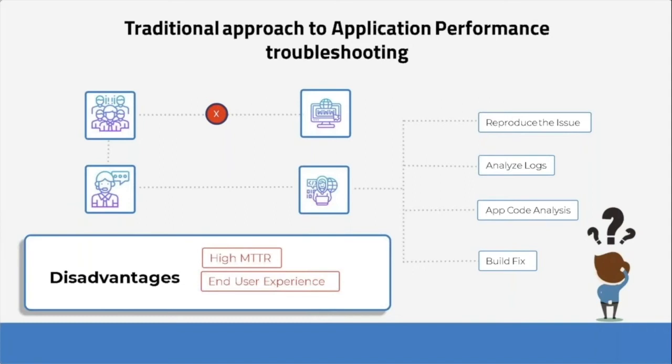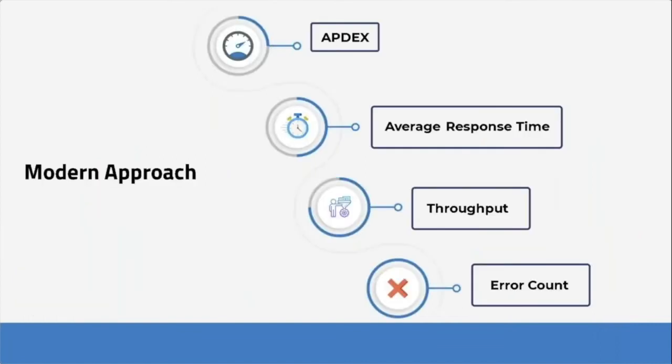Now, this is a very tedious process and it consumes a lot of time, which results in poor end user experience and a lot of downtime. Now, the modern approach would be having an Apdex score for the application's performance, which is based on a scale of 0 to 1. That is an industry standard, which determines how satisfied the end users are.